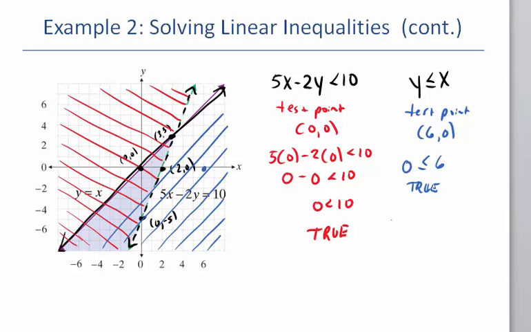It gets a little messy here as we do this. Okay, so everything shaded in blue is a solution to the y is less than or equal to x inequality. Now remember that in between these two we had the word "and," and we said that "and" meant that we had to satisfy both inequalities. And so we look at our picture and we look at the place where the red and the blue intersect.